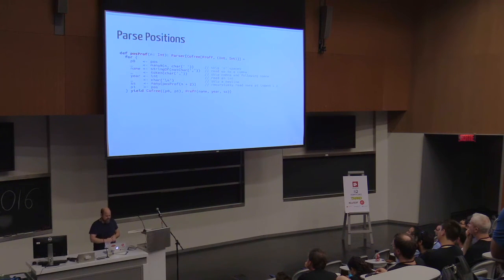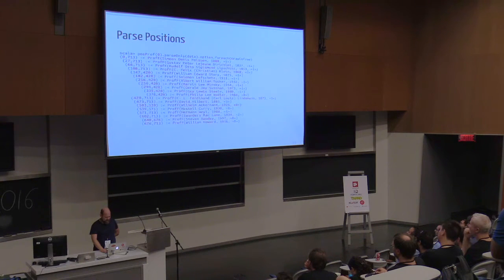Then we construct a Cofree with that pair of ints associated with it. Okay, and it works again with a terrible toString, but if I draw it out, that's what you get. So you get this tree structure, and then each node has the parse positions associated with it, which I think is pretty cool.